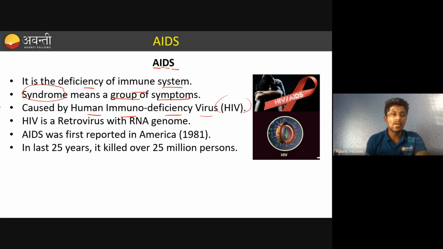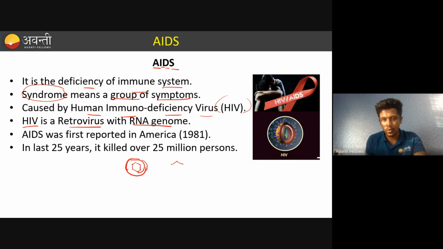So when we talk about the HIV virus, it is a retrovirus. Why do we call it a retrovirus? Because it has an RNA genome. RNA genome means if you take the structure of the HIV virus, it has a capsid within it. A capsid is like a capsule within the virus.